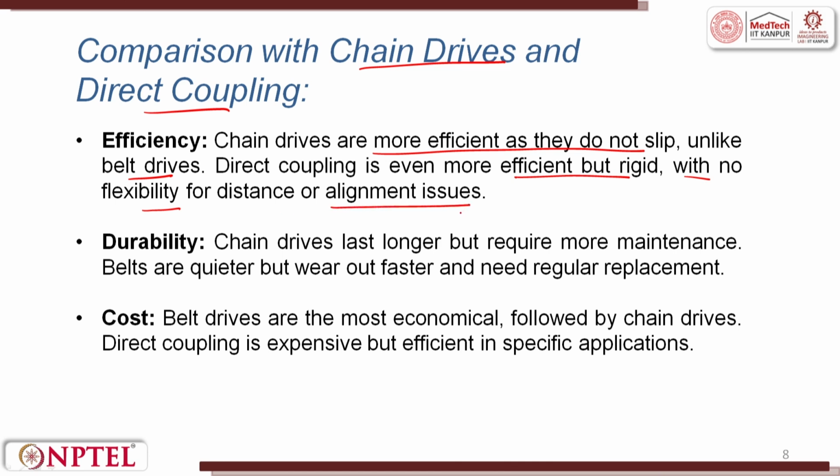So that means if I talk about slip, maximum possible slip that is there is in belt drives. This is more than what is there in chain drives. This is even more than some of the rigid couplings. This is about the slip.